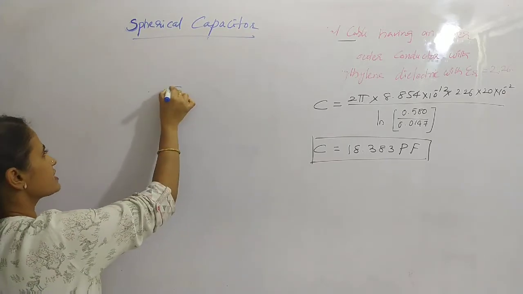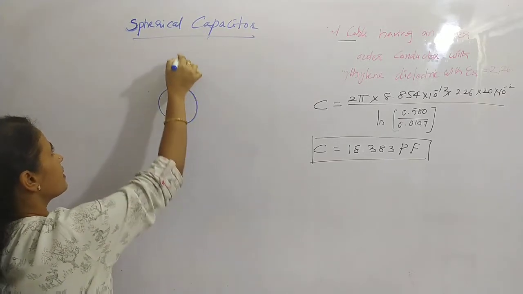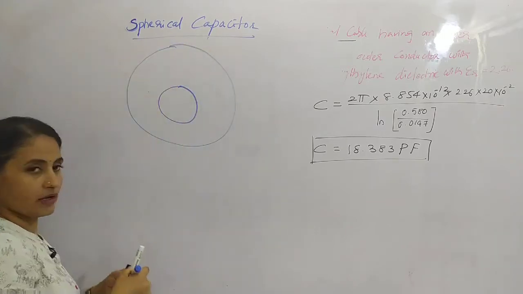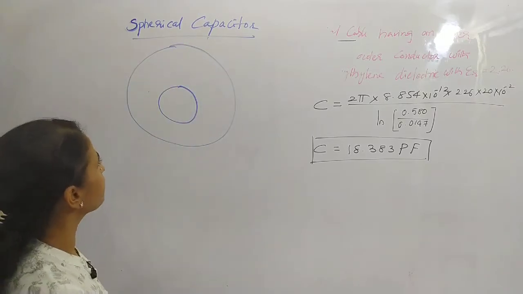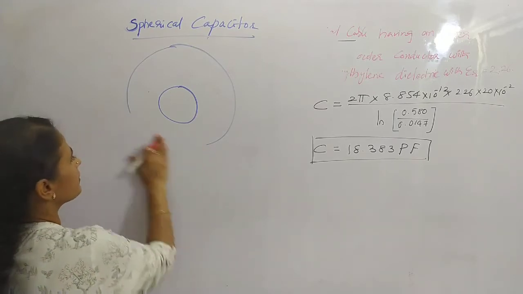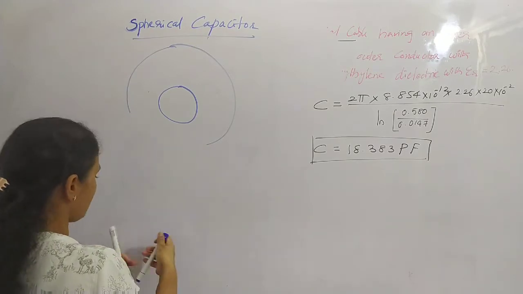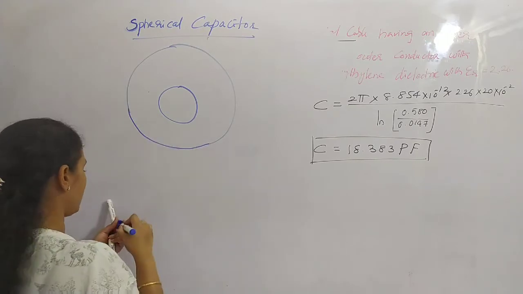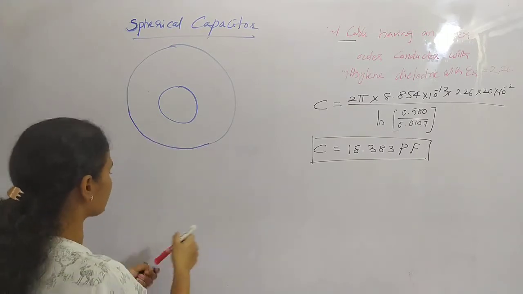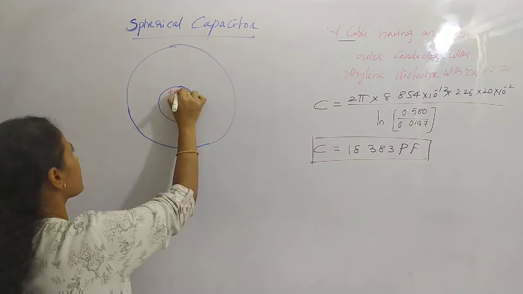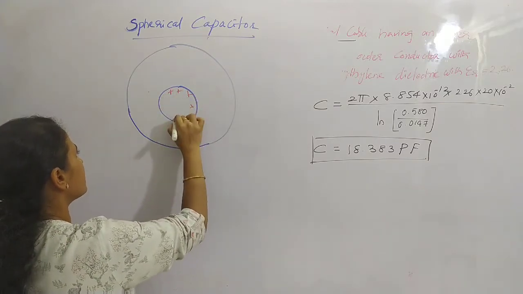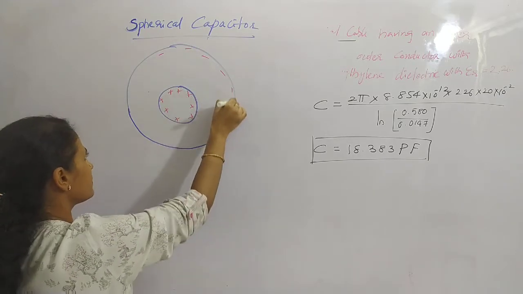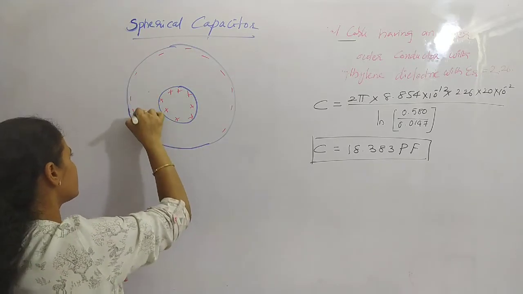There is one sphere and one more sphere. There are positive charges on the inner sphere and negative charges on the outer sphere.